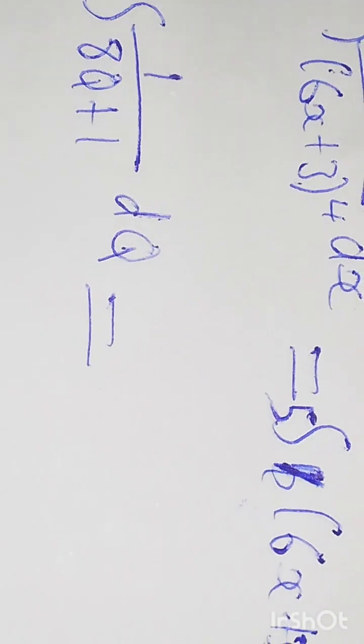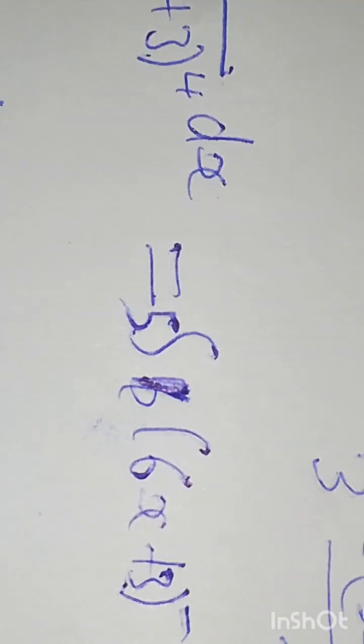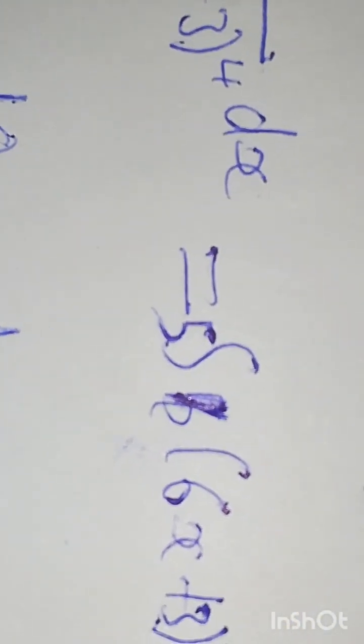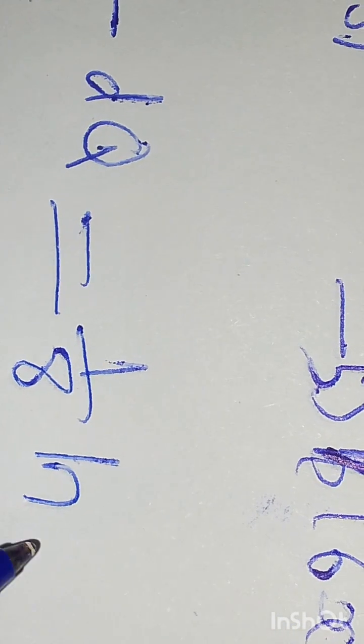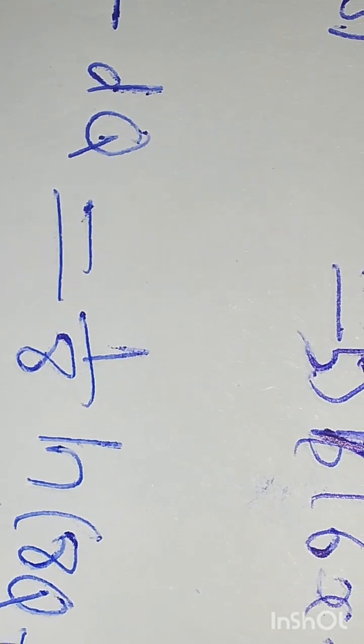Now here, integrating 1 over 8q plus 1, we get 1 over 8. In this form, we introduce the natural logarithm. So it will be ln of 8q plus 1 plus the constant. Then you are done.